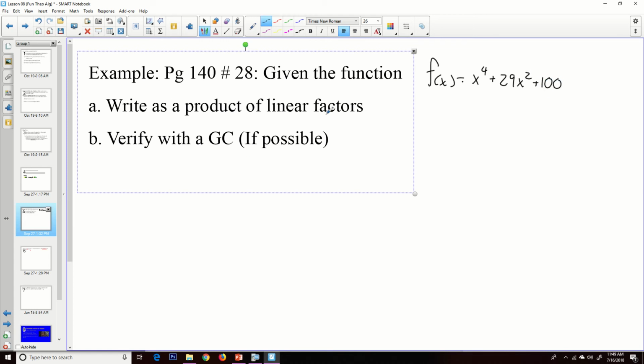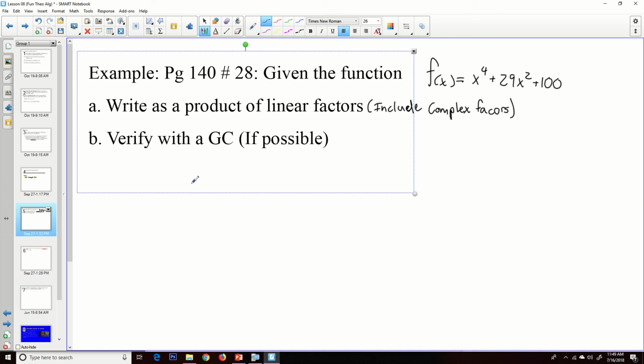It says write this as a product of linear factors, and I should also say include complex factors. So we'll want to do that.